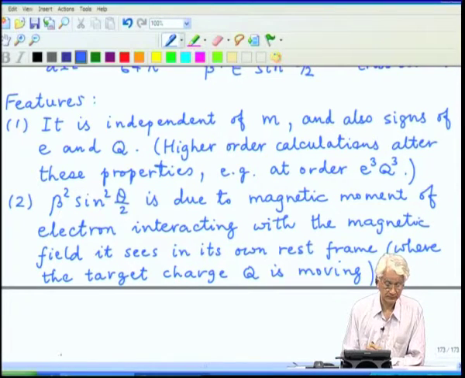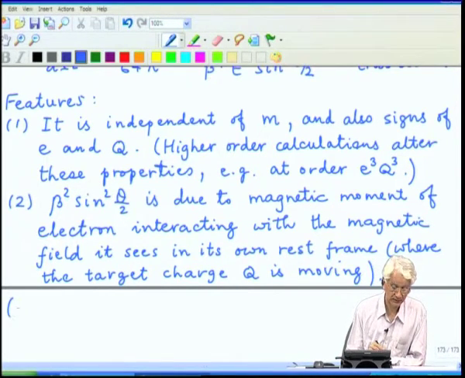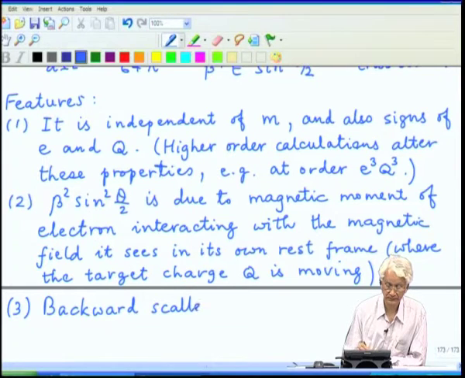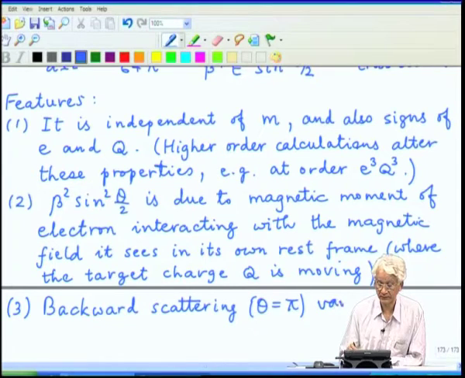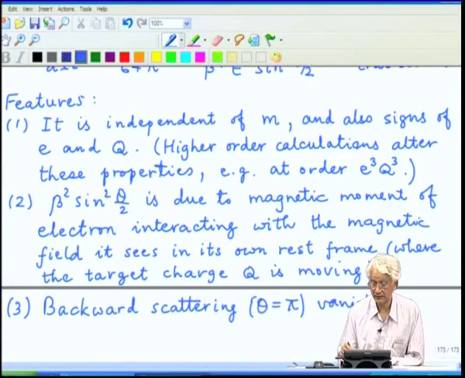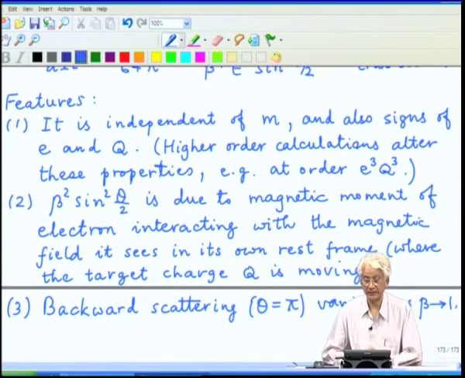The third feature is that the backward scattering, which means theta equal to pi, vanishes as beta approaches 1.